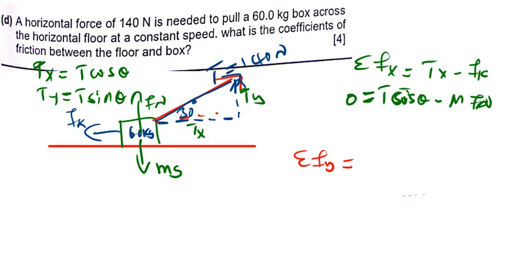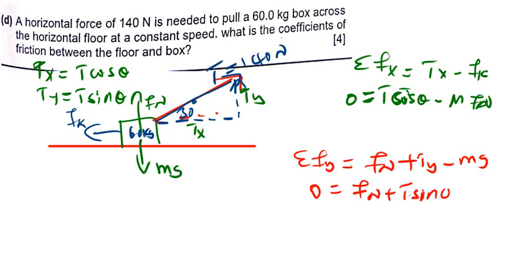The forces pointing upward are Fn, and also Ty is pointing upward, so I need to add that Ty, then minus mg. This is 0, so it's going to be Fn plus T sin theta minus mg.